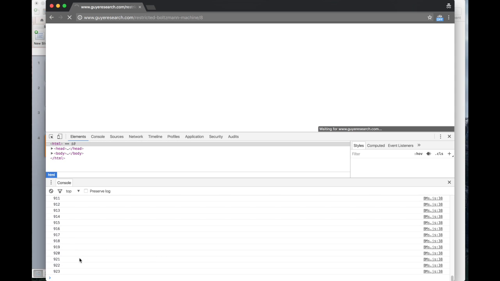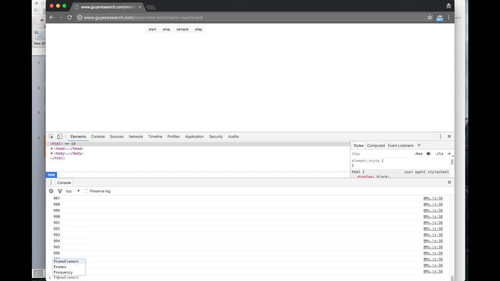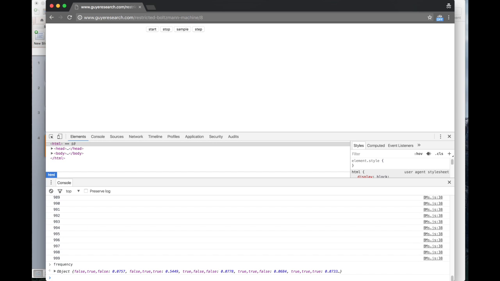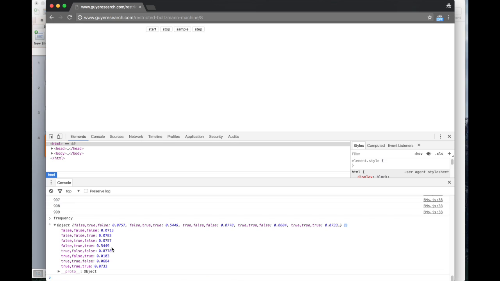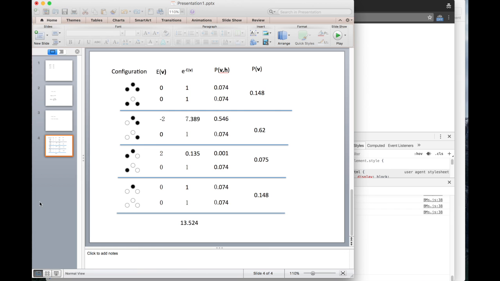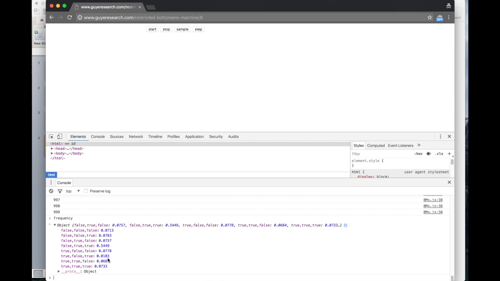And here shows how many time steps the system has passed. If you type frequency, it will give you the output. The false and the true represent the states of the 3 neurons: the first visible unit, the second visible unit, and the third hidden unit. You can see this is actually the favored configuration of the system, and their frequency is roughly the same as I calculated here, which basically indicates my system works as expected.